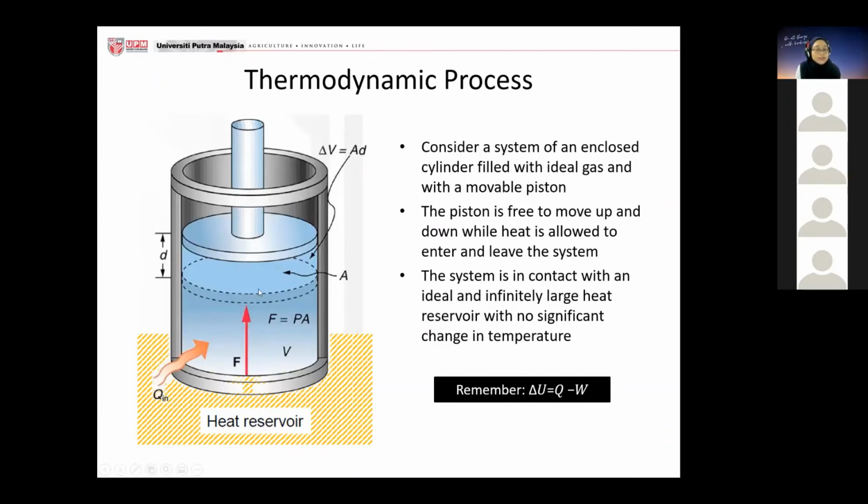So what's going to happen to the gas inside?